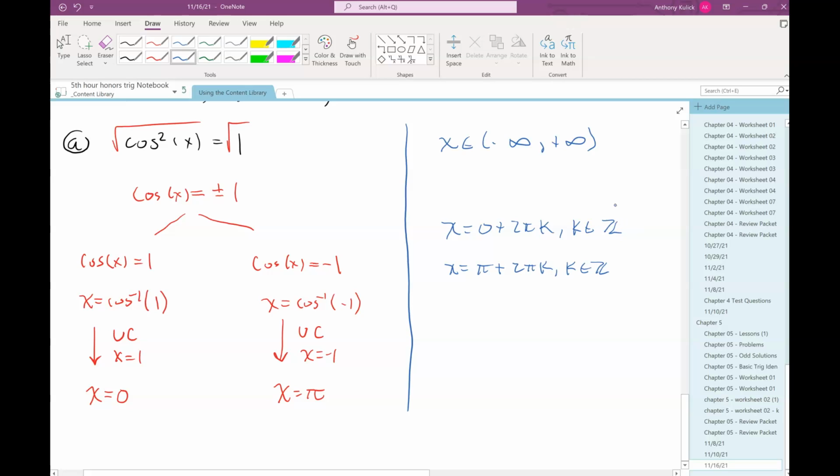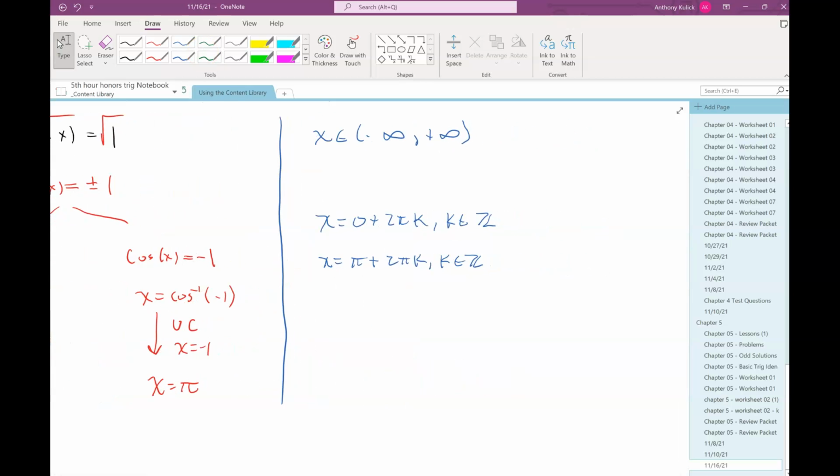I want to point something out here because there's actually a simpler way to write this answer. If I look at that first solution, it's going to include things like 0, 2 pi, 4 pi, 6 pi, 8 pi. If I look at the second solution, that's going to include things like 1 pi, 3 pi, 5 pi, 7 pi. If I write those all in a row, I'd have like 0 pi, 1 pi, 2 pi, 3 pi, 4 pi, 5 pi, 6 pi, 7 pi.